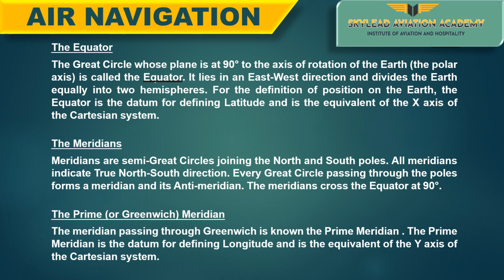The prime meridian runs from pole to pole, north to south pole, and bisects the observatory in London called Greenwich. The prime meridian is the datum for defining longitude, and is equivalent to the y-axis of the Cartesian system.